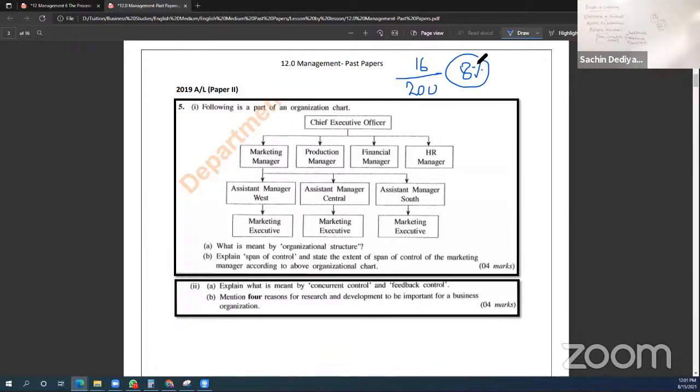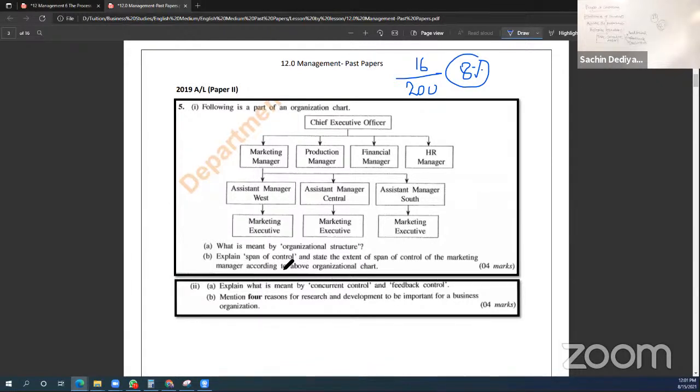Depending on the organization, and the span of control, the concept that you studied in the organizing process. Explain span of control and state the extent of span of control of the marketing manager according to the above organization chart. Now you can see an organization chart here. They're asking you the marketing manager's span of control.